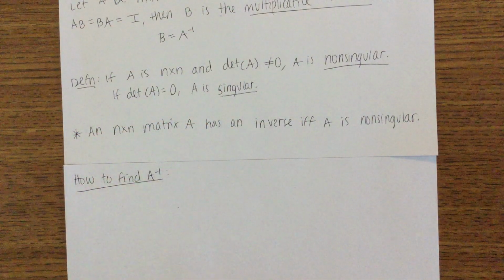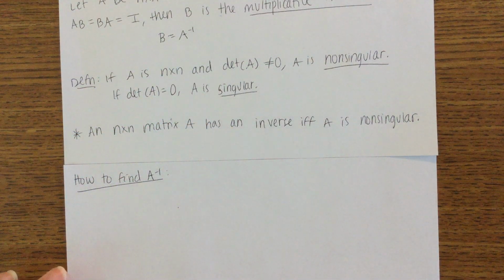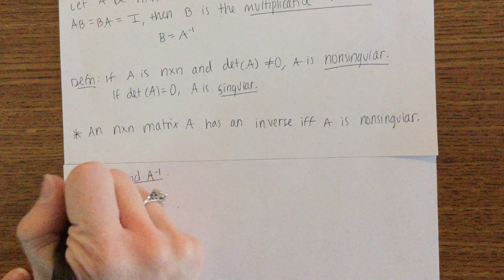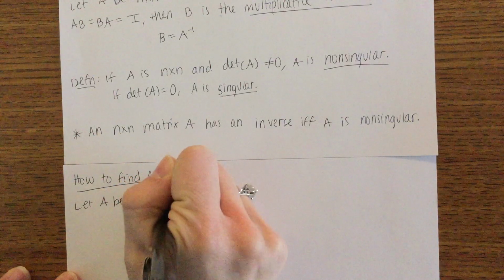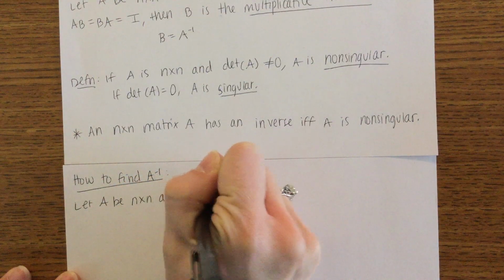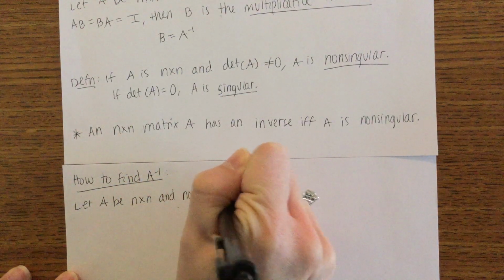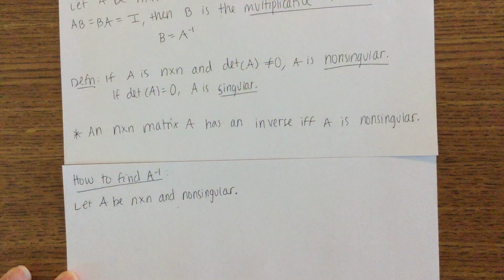This is going to be slightly tedious, just so we know. Not difficult, but tedious. Okay, let A be n by n and non-singular. So in other words, let A have a multiplicative inverse.